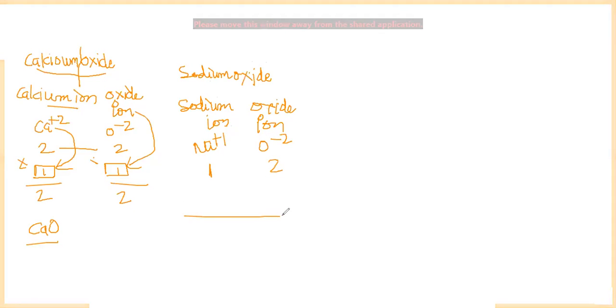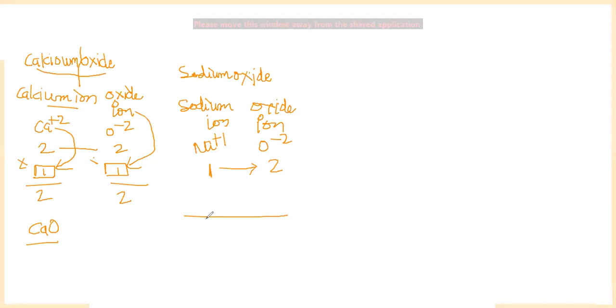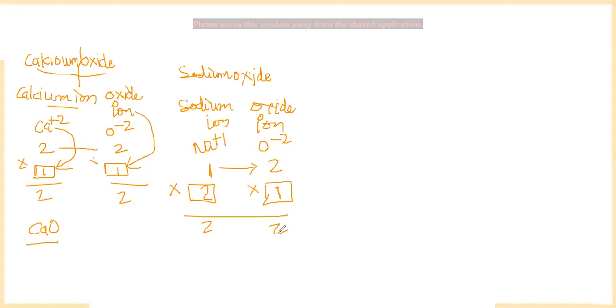Now the LCM of 1 and 2, my dear students, is 2. So we write 2 here, then we multiply, then we put a box, and in the box we write the number. So 1 multiplied by what gives the answer 2? We multiply 1 with 2 to get 2, and 2 multiplied with 1 gives 2.